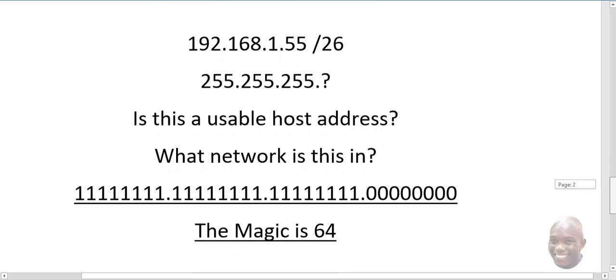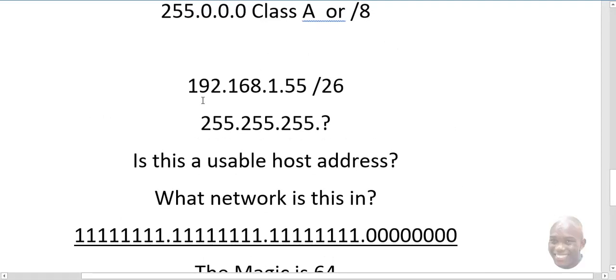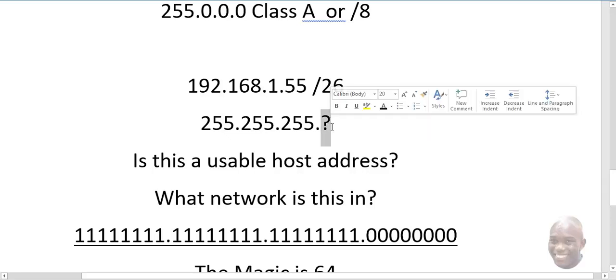All right, so here it is that we have our class C classful, but the only difference is now with this one here, we're going to borrow 2 bits, since it's a /26. So here we have 192.168.1.55 and a /26, and we have to identify what the net mask is here.